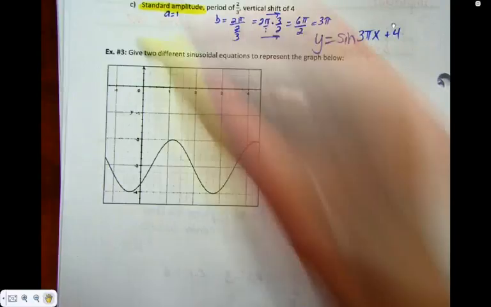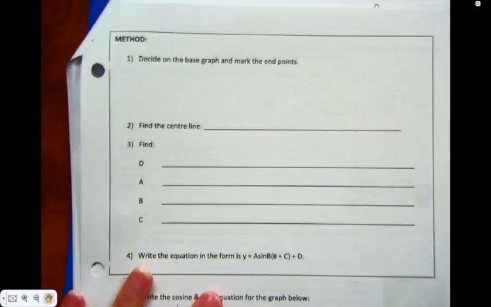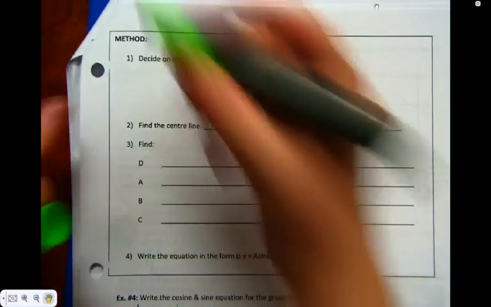Just going to highlight it actually asks for 2 different sinusoidal equations. That's because we could have a sine, we could have a cos, we could have lots of things going on. We'll talk about that in a second. I'm going to go to the method first, since you guys usually want to do that before the question.